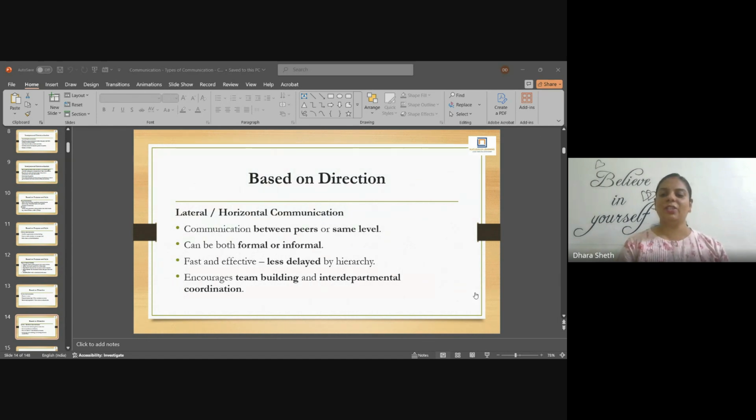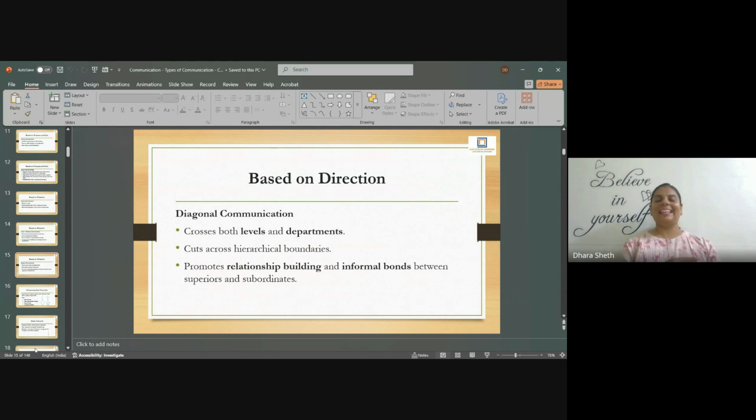Students interacting with each other is also horizontal communication. Teachers interacting with other teachers at the same level is horizontal communication. It can be both formal and informal depending on the purpose of the communication, depending on the setting. Fast and effective, less delayed by hierarchy, and encourages team building and interdepartmental coordination.